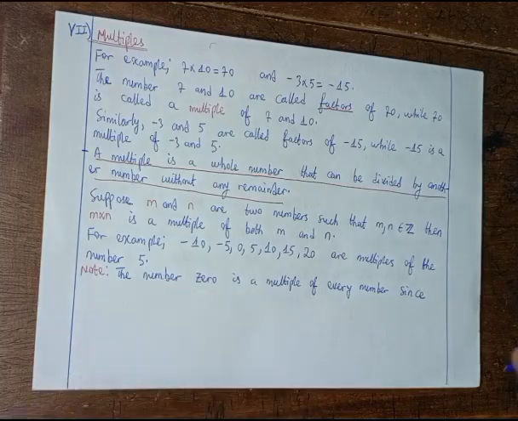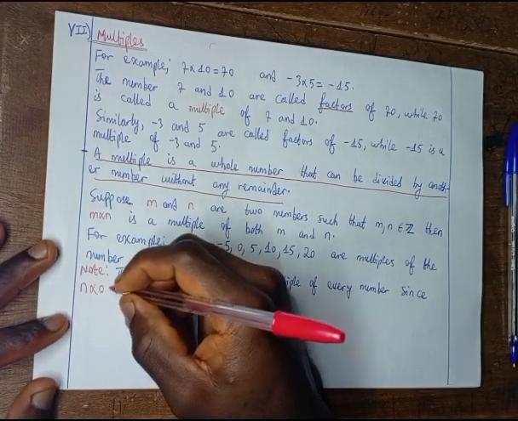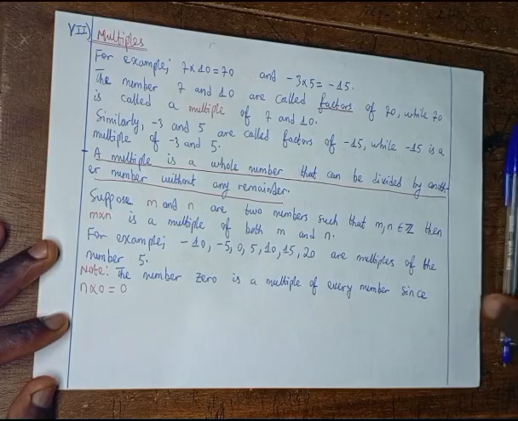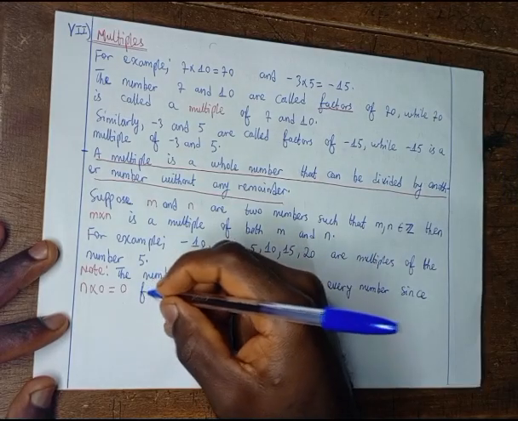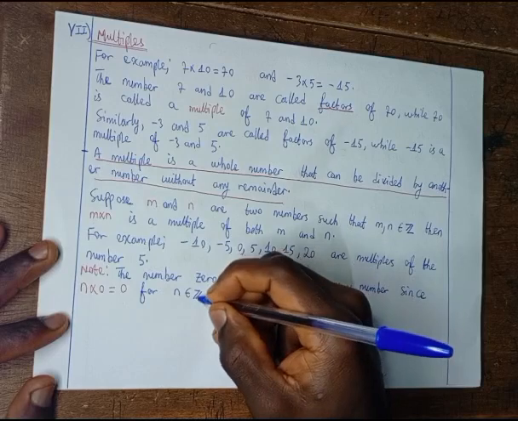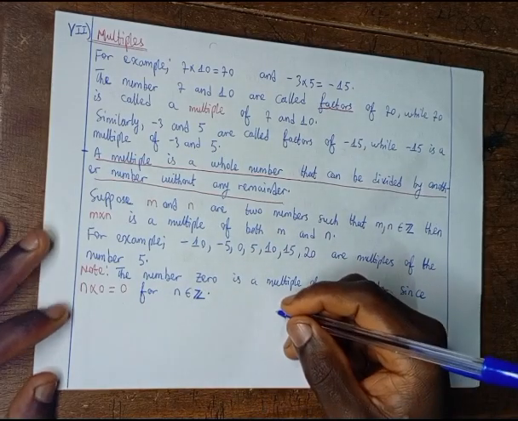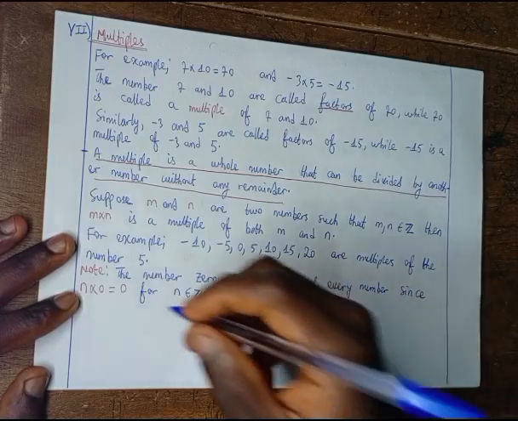Since n times 0 is equal to 0 for n belonging to the set of integers, we know if you multiply any number by 0, it gives you 0. So 0 is a multiple of every number.